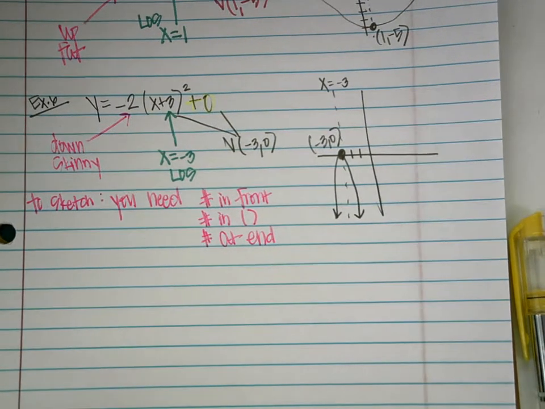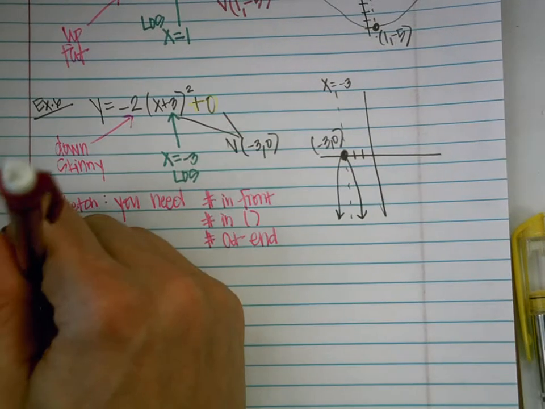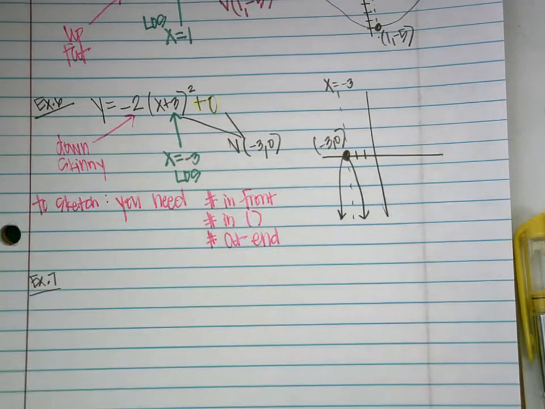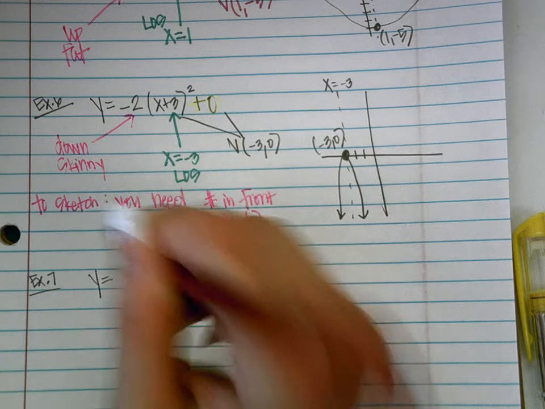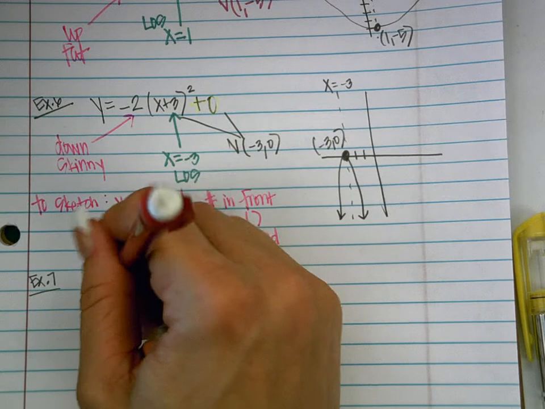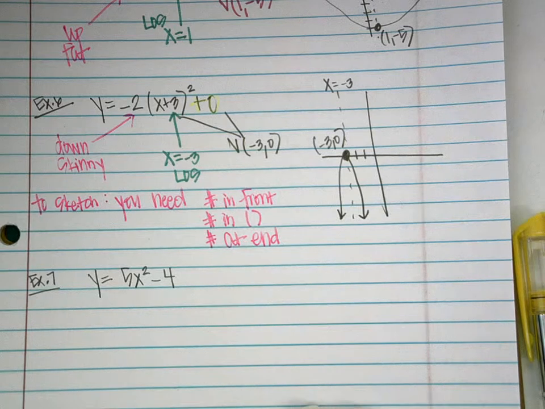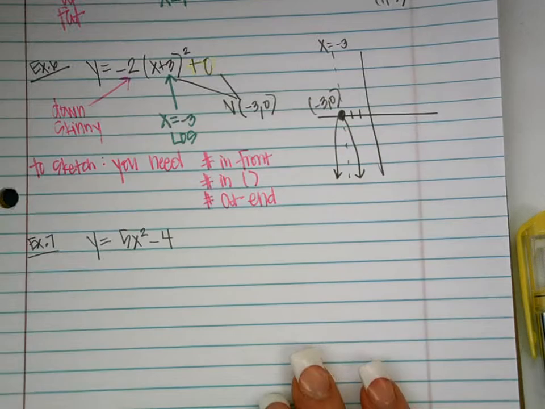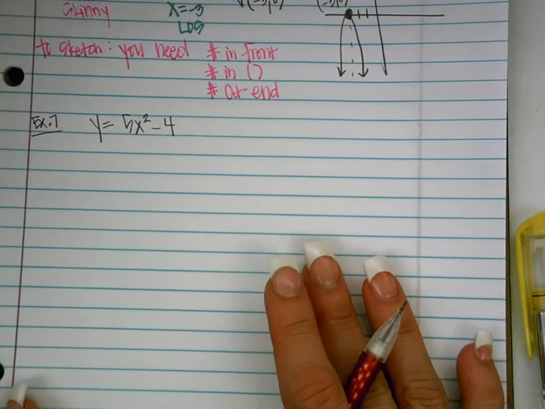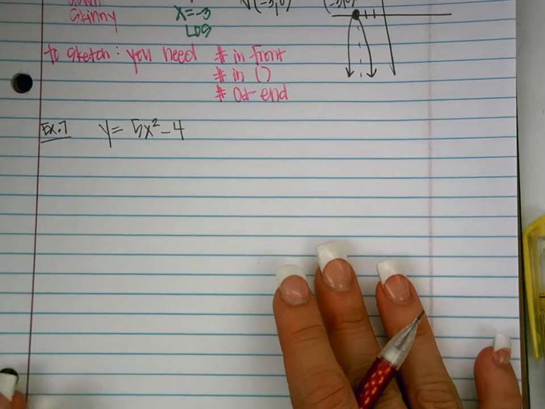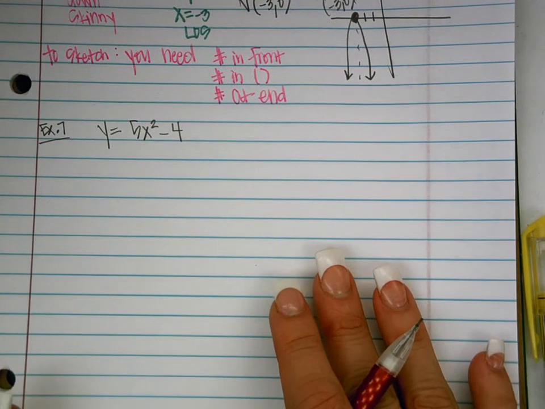Okay, last one. Number 7. Again, I want you to sketch, label line of symmetry and vertex for y equals 5x squared minus 4. Y equals 5x squared minus 4. I didn't hear you.